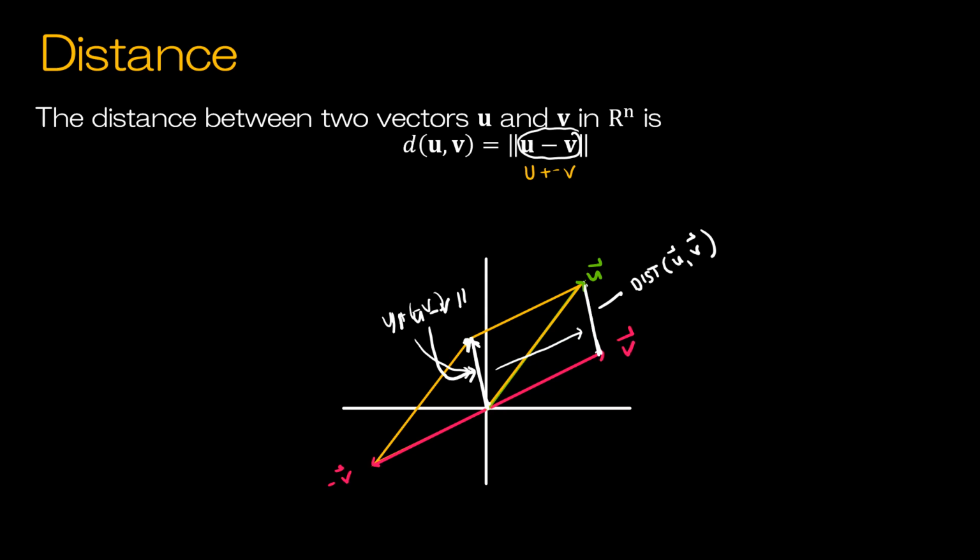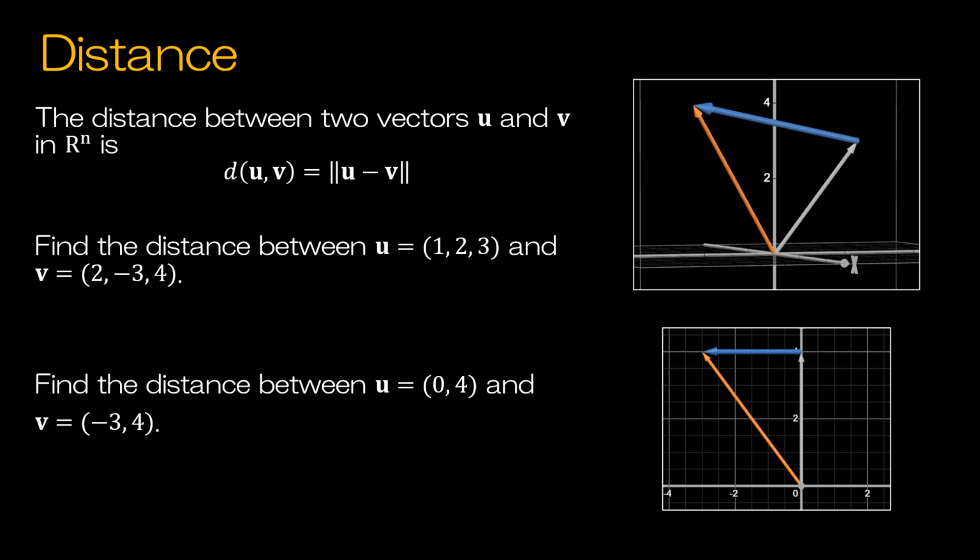Let's take a look at finding the distance now, and I want to show you this in two different ways. The first way I want to show you is using the fact that u minus v, that's that parallelogram rule. Now keep in mind, not a parallelogram when we're dealing in 3 dimensions, so it's not going to look like a parallelogram over here because we're in R3 now.